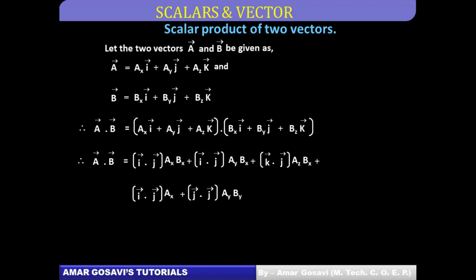The third term, By being multiplied by Az. That means K cap dot J cap. That should be the third term, and obviously the coefficients in that case are Az and By.